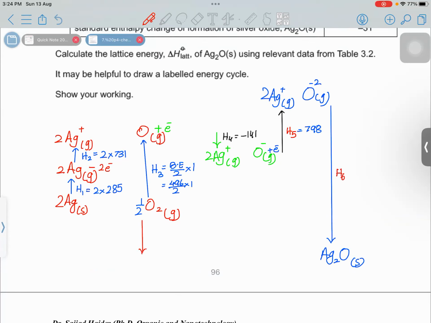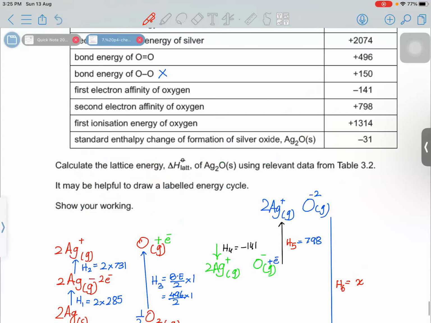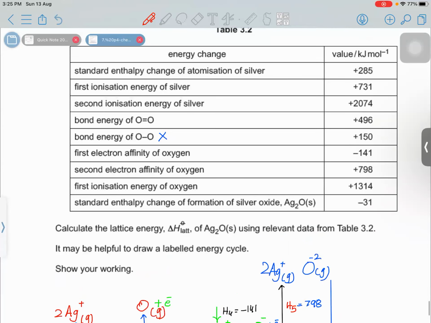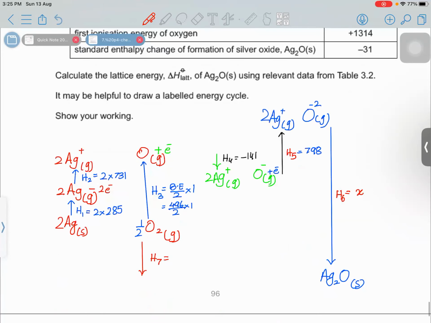Can you tell me the value of H6? It's just X. You have to find lattice energy. Next, H7. It's the formation, so minus 31.